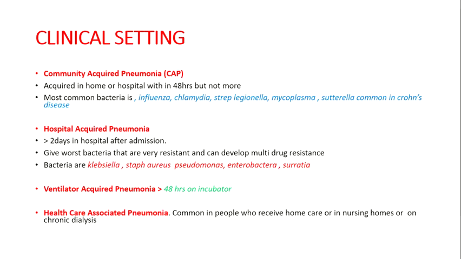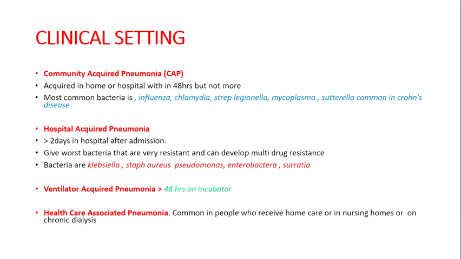So it falls under the category of community acquired pneumonia. And the most common causative agents are influenza, chlamydia, Streptococcus, Legionella, Mycoplasma, and Pseudomonas, which is common in people with Gowon's disease.